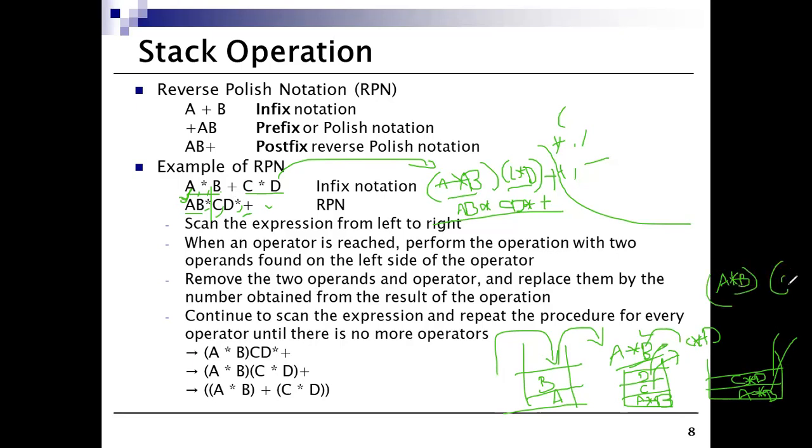So between A star B and C star D, addition is carried out, and this result is pushed onto the stack. Until there are no more operands, we will proceed, with which we can evaluate any expression. That is the particular advantage of the stack for evaluating any arithmetic operations.